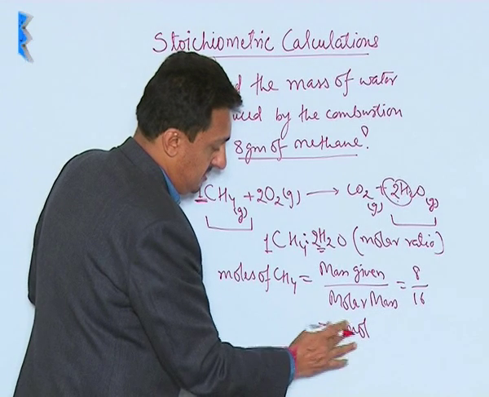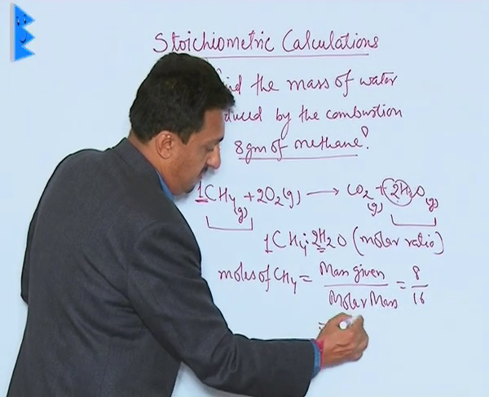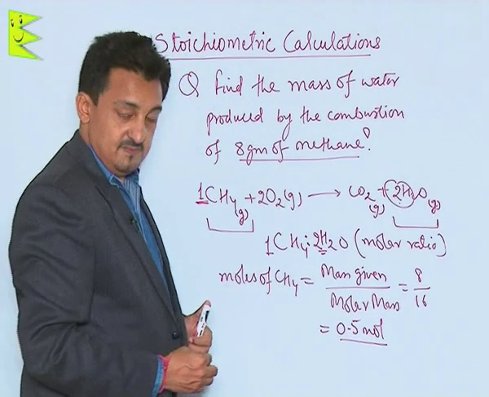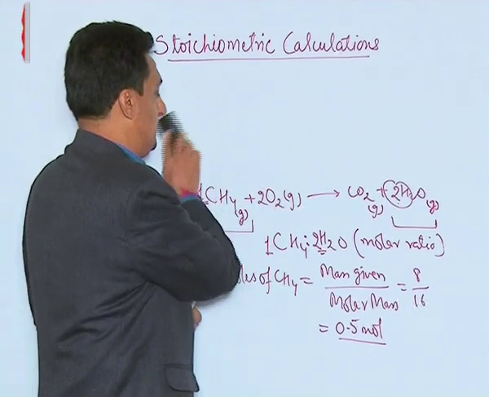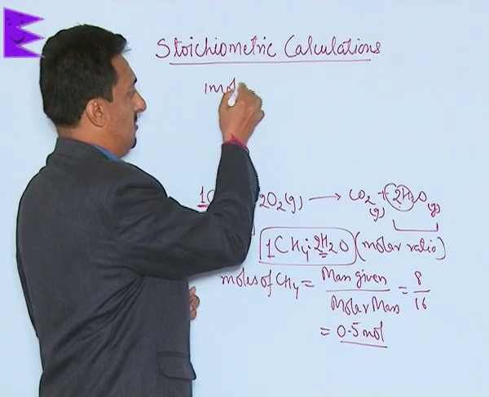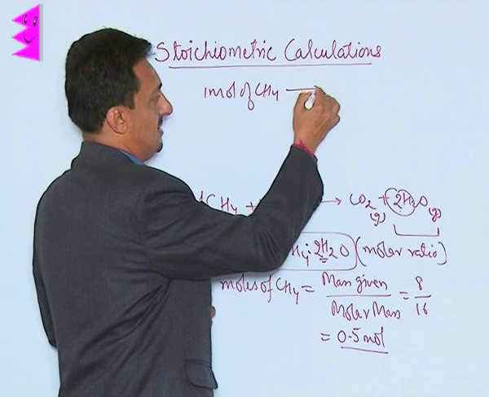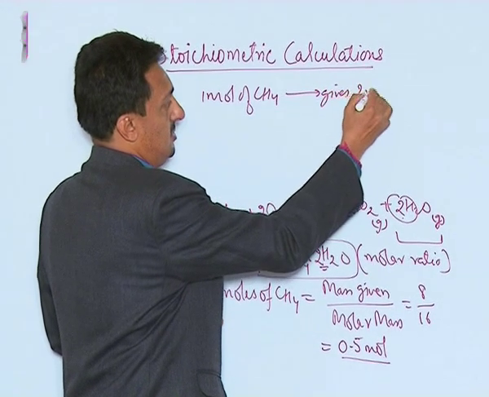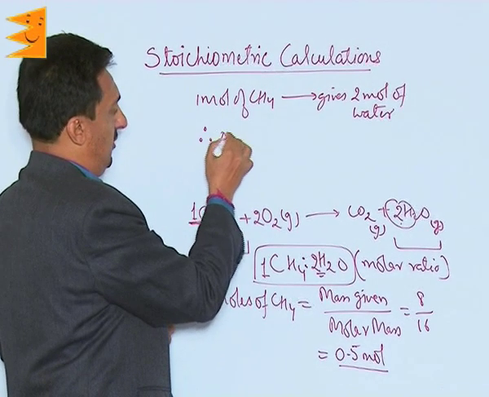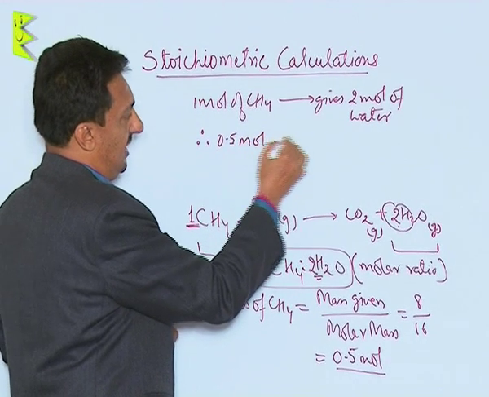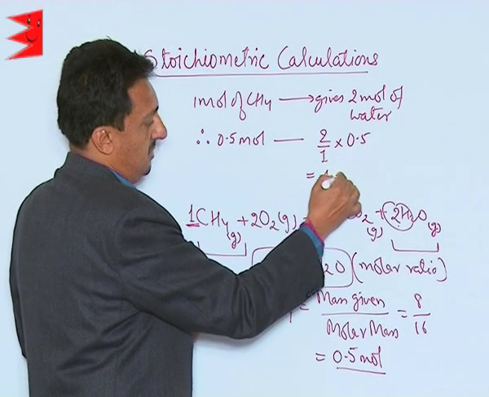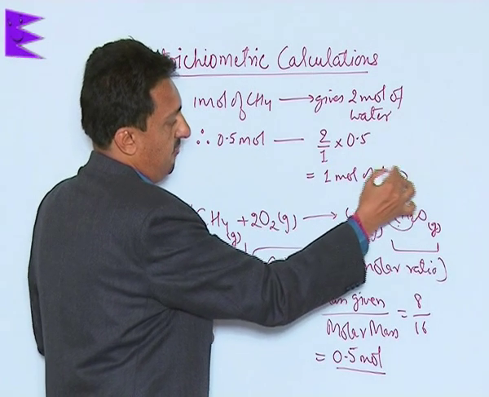Sorry, it will be 0.5 moles. So we are given 0.5 moles of methane. Now let us use the stoichiometric relationship, that 1 mole of methane gives 2 moles of water. Therefore 0.5 mole will give 2 by 1 into 0.5, which is 1 mole of water.